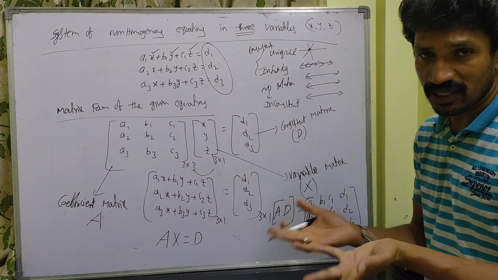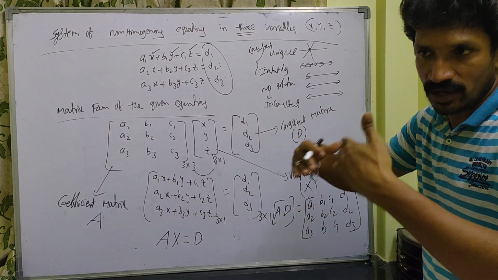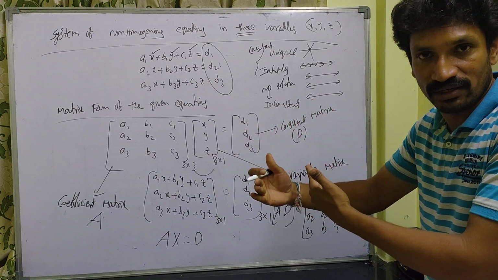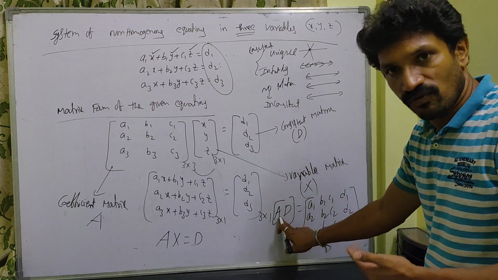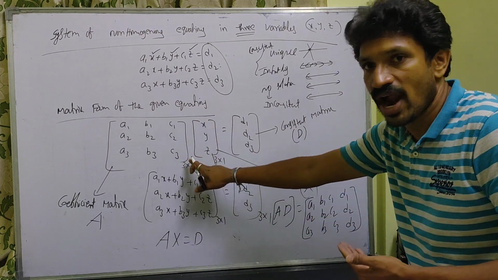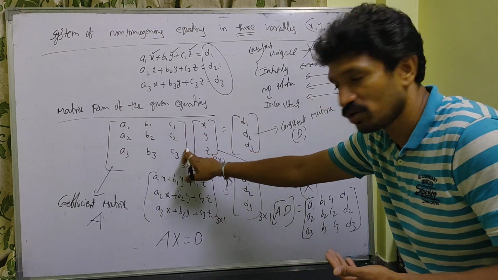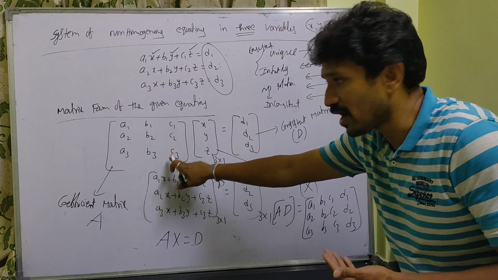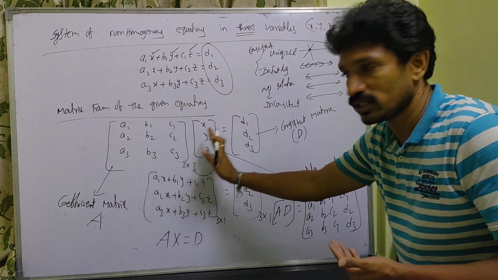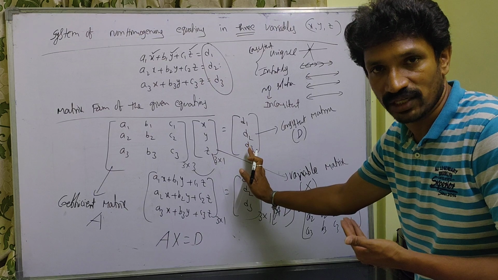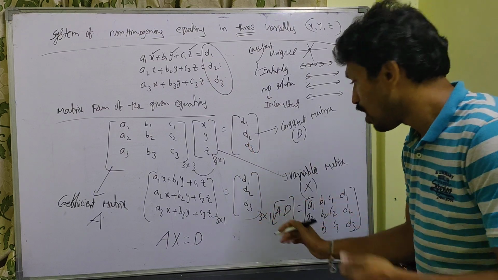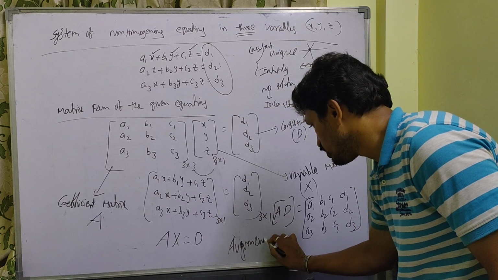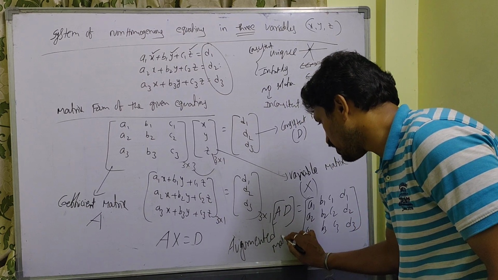The meaning of augmented is that something is added to something, and the result is augmented. Here, to the coefficient matrix you are adding one more column, that is D1, D2, D3, the constant column matrix. So that resulting matrix is called the augmented matrix.